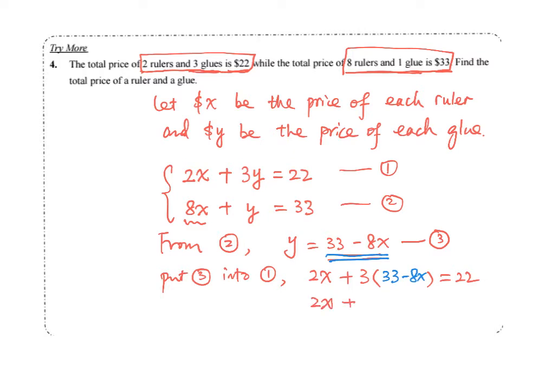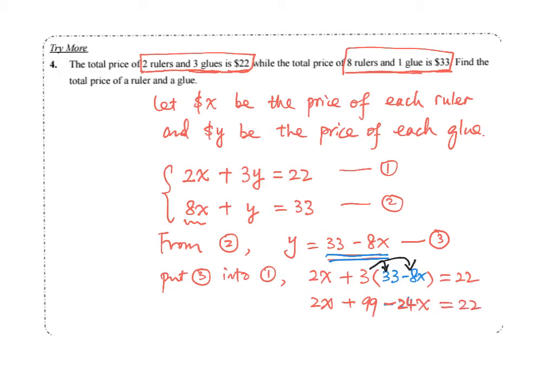Now we have brackets, so we can remove the bracket by the rainbow method. 2X plus 3 times 33, we get 99. 3 times negative 8X, we get negative 24X, equal to the right hand side 22.